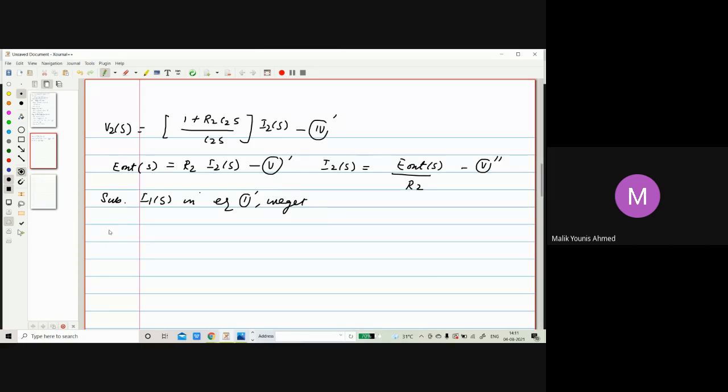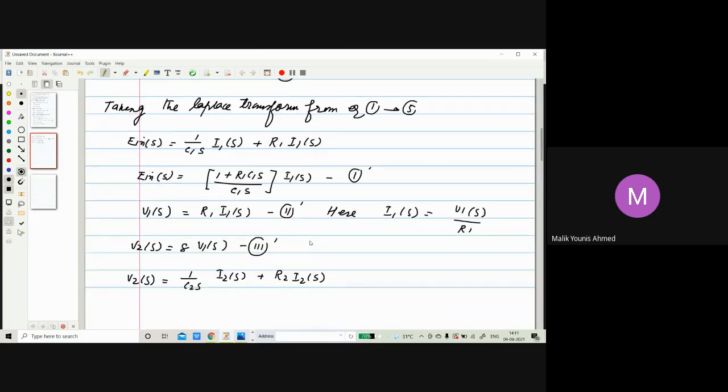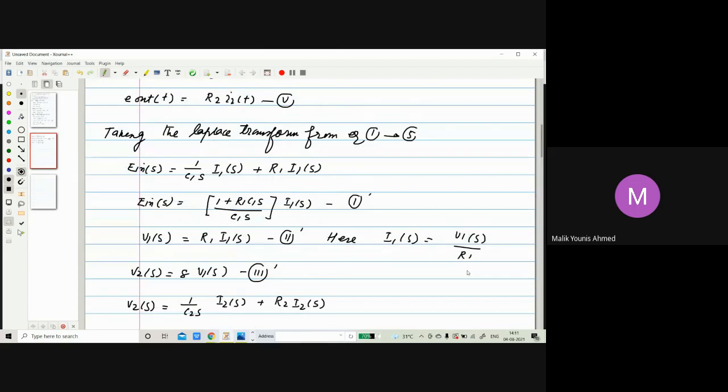So that means E in of s, rest will become same, that is 1 plus R1 C1 of s divided by, what was that, C1 of s, I think. Yeah, multiplied by, instead of this, I am going to write V1 of s divided by R1. You can have a look here, what I have done, exactly the same thing. This is V1 of s divided by R1. I have substituted it here only.